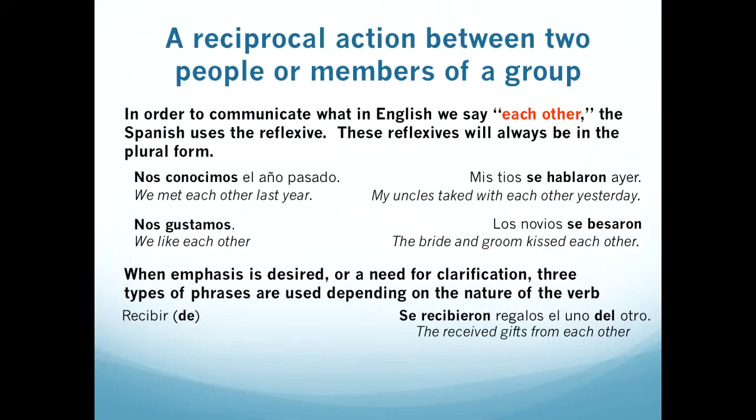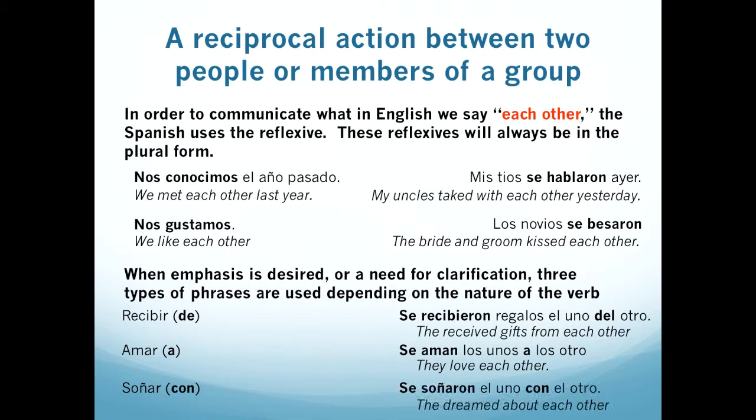Now notice that I have the de highlighted because it's the reason that you would put el uno del otro. Recibir de, to receive from. Amar a. Se aman los unos a los otros. They loved each other. Soñar con.